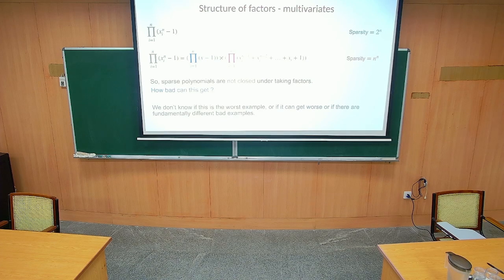It's one of these strange questions where we have bad examples which tell us that the obvious, natural theorem we would like to show is false, but then we stop there. We don't really know how to say more. So it would be interesting to do any of these things: construct bad examples which are fundamentally different, where something else is going on, or show that this is the worst that can happen, or prove bounds on how bad it can get.